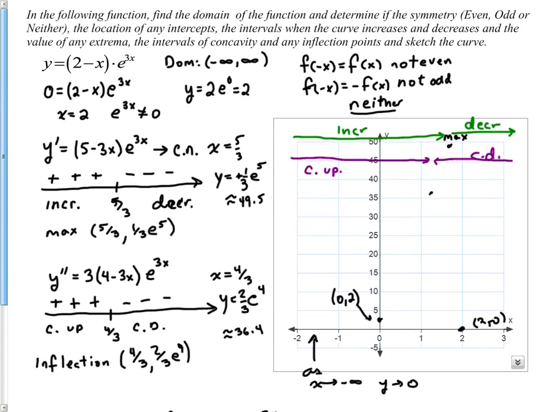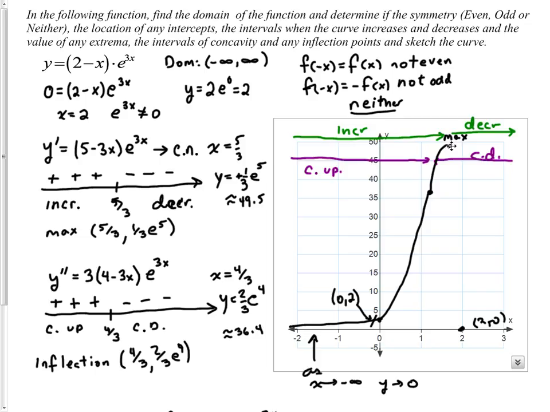And so we can say that with that information, this graph is going to come along the x-axis up to this point 0, 2. Then it's going to proceed going concave upward until we reach that inflection point. Then it'll increase and go in a concave downward direction.